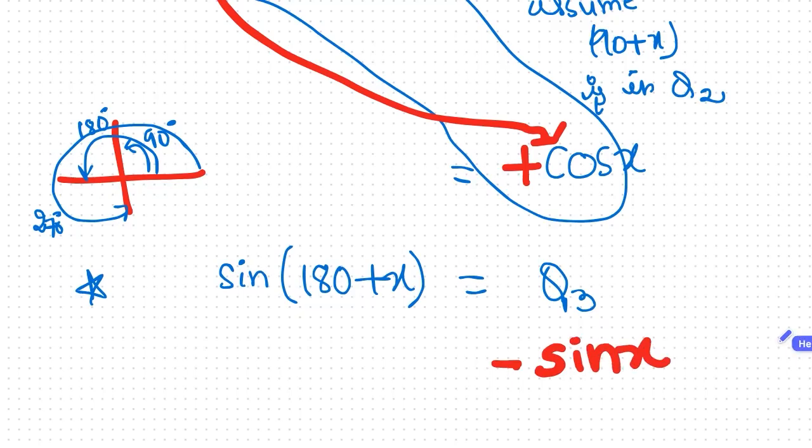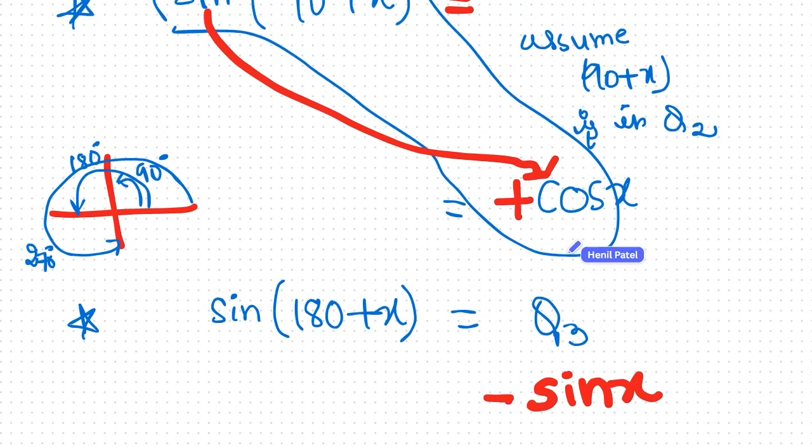Why is it sin x, not cos x like earlier? It has nothing to do with positive or negative. Basically, in the earlier case, it was an odd multiple of 90, 90 into 1.